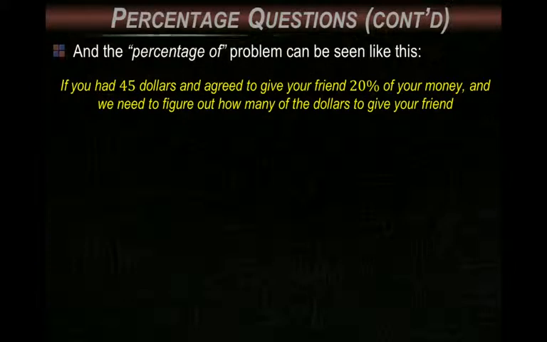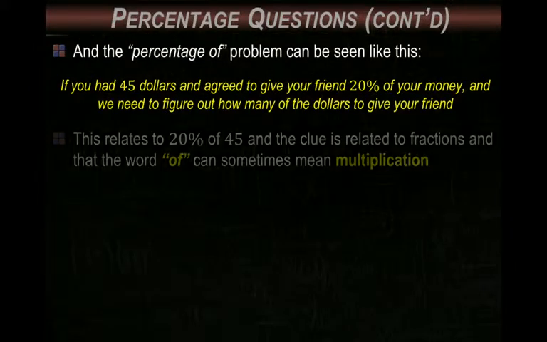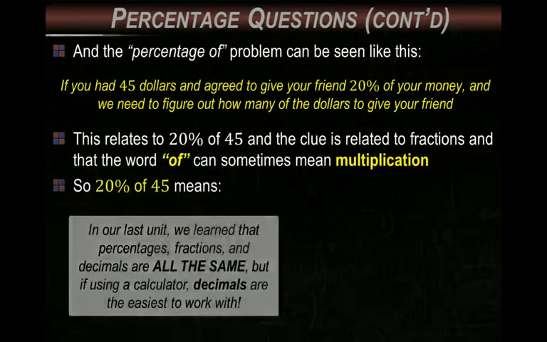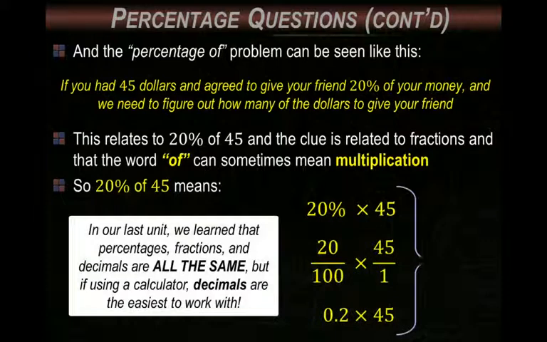So the word of means multiplication. So really, what we're doing here is multiplying. But how we do the multiplication is a couple different ways. 20% times 45, that's not going to work. You can't multiply a percentage. You can multiply a fraction, but fractions can be tricky.